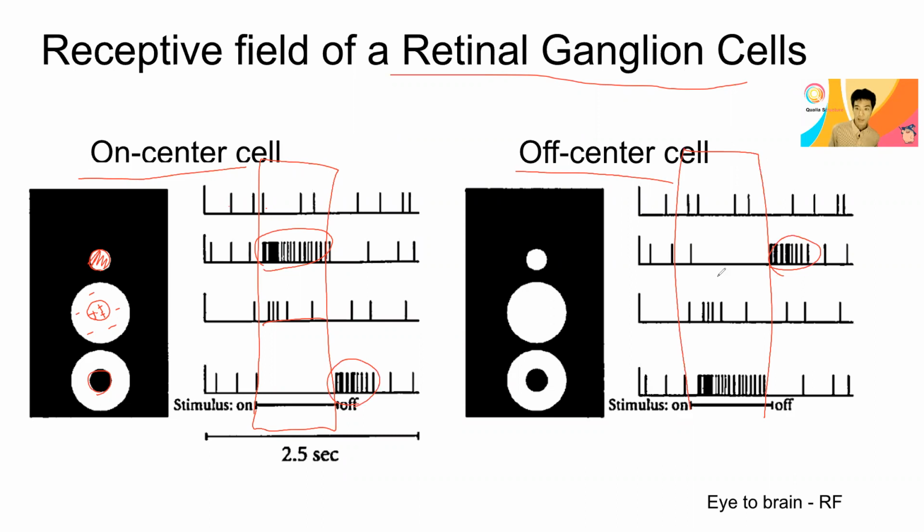If it's completely white all the way, then it doesn't fire, indistinguishably from the baseline. And if it's presented with a white ring, the opposite of the on-center cells, then it starts to fire like crazy. This complementary kind of response makes these on-center and off-center cells. Here, at the center, there's an inhibitory region, and the surround is the excitatory region of these off-center cells.